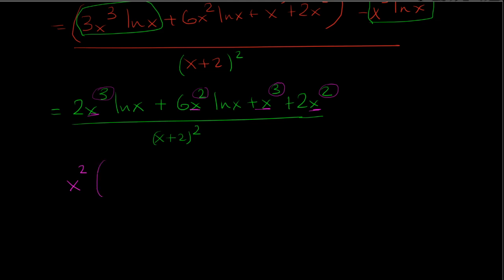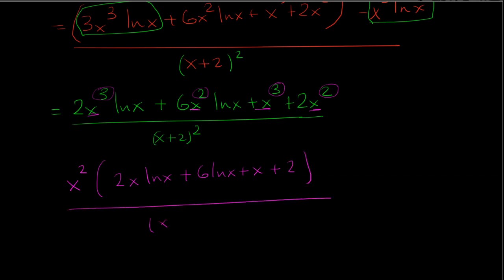We're going to factor that out, and what's going to be left is 2x ln of x plus 6 ln of x plus 2, and it's going to be all over x plus 2 quantity squared. And at this point, we can't simplify any further, so that is the derivative.